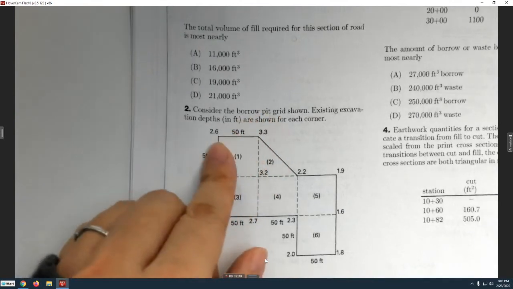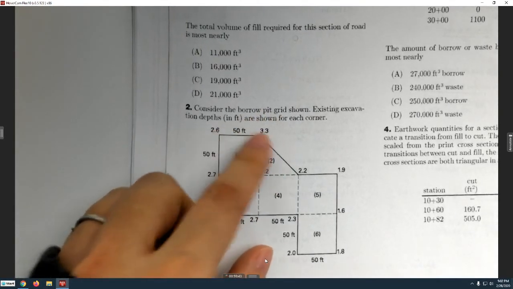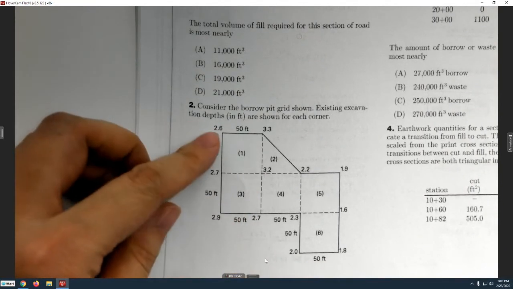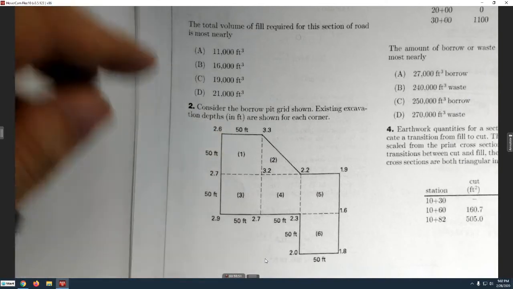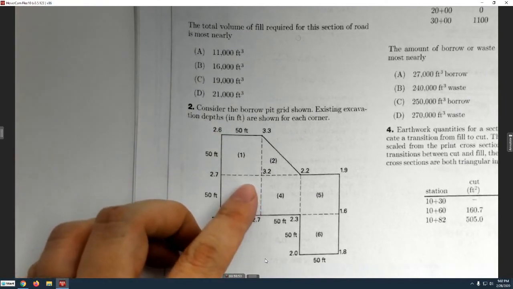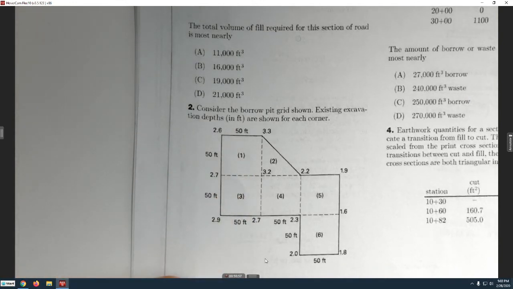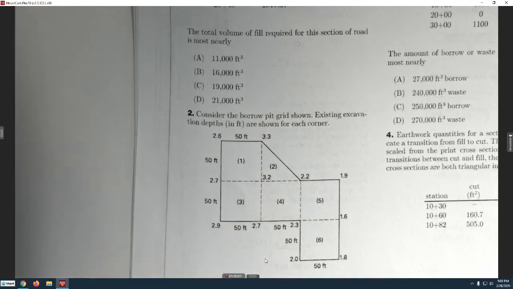This one gives you the depth at each point, and this 2.6 is the depth in feet. Again, it asks for the calculation of volume. First, I'll just explain the solution here.